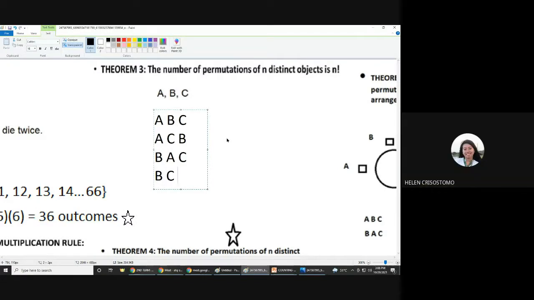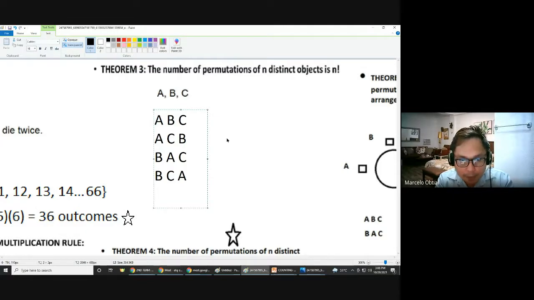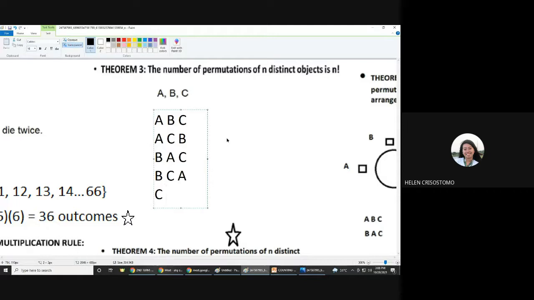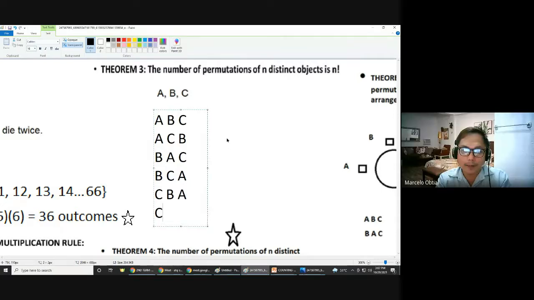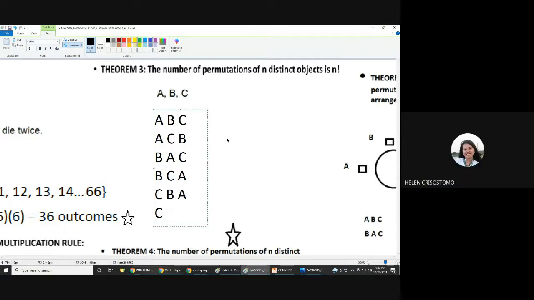Next, we put C in the first chair. Who can we put in the second chair? Si B. Then A. Next, C pa rin, then A, then B.